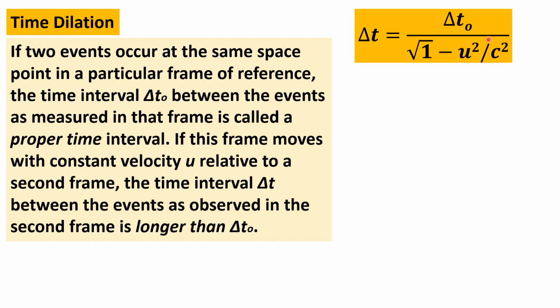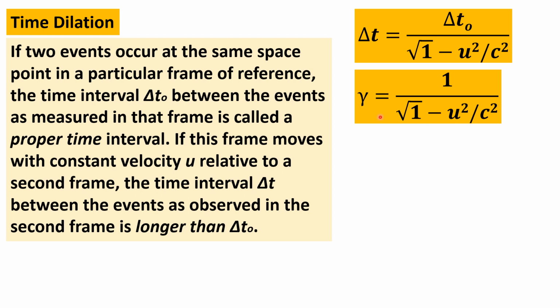The denominator in this equation, the square root of 1 minus u squared over c squared, has a reciprocal that is also known as the Lorentz factor, denoted by the letter gamma. So the Lorentz factor gamma is equal to the reciprocal of the square root of 1 minus u squared over c squared.